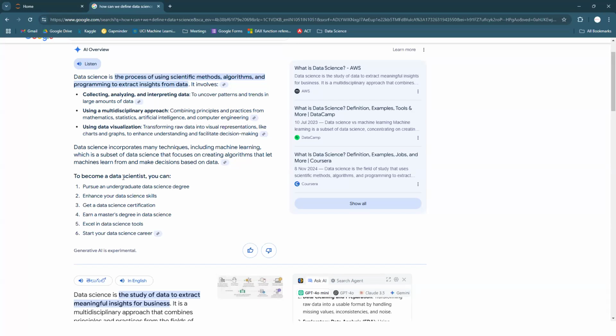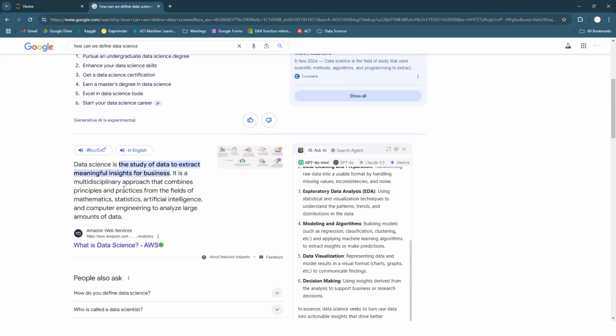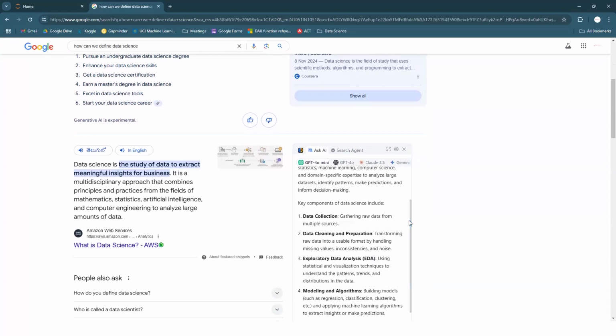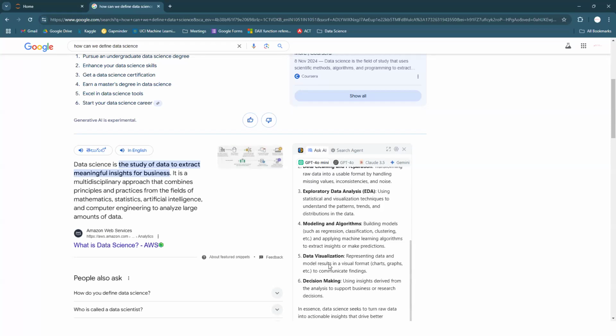So data science is the study of data to extract meaningful insights, using a multidisciplinary approach that combines principles and practices from the fields of mathematics, statistics, artificial intelligence, and computer engineering. On the right-hand side, you can see the different skills and techniques required: data collection, data cleaning and data preparation, exploratory data analysis, modeling and algorithms, data visualizations, isn't it? Some of the terms I have used, guys.